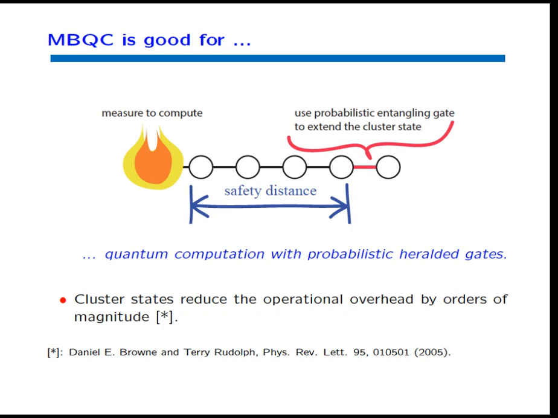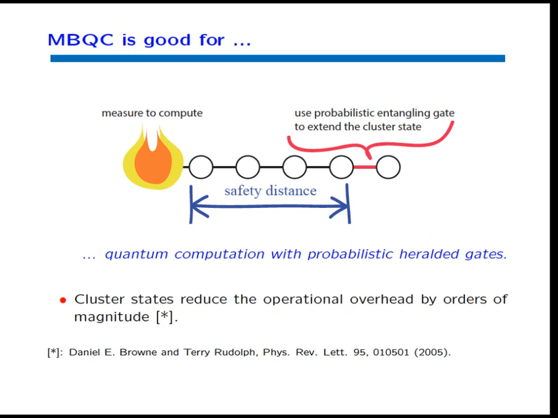But we can maybe talk about it in a slightly more general context. This construction is useful whenever you have entangling gates that make the cluster, but which are probabilistic yet heralded. Probabilistic is bad. Sometimes these gates function, sometimes they don't. But the good news is they always tell you what happened.